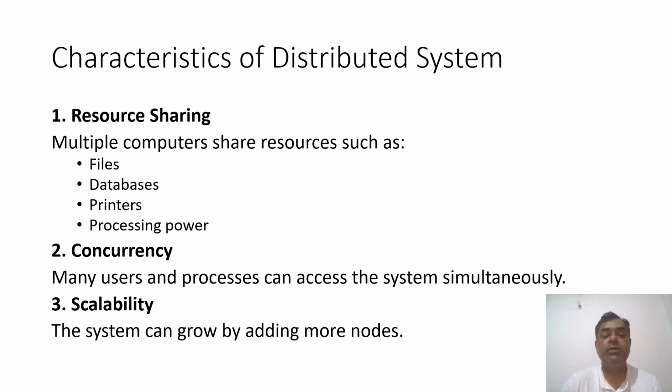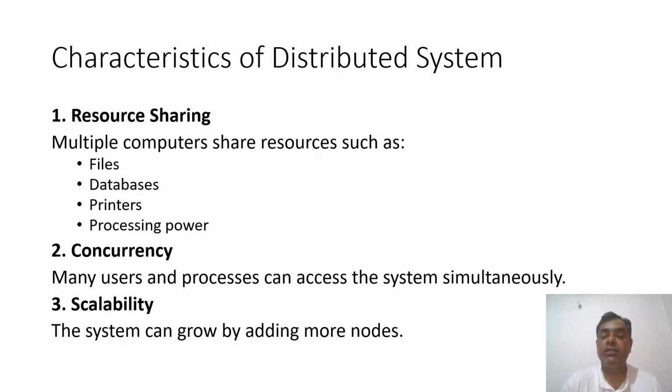Concurrency: many users and processes can access the system simultaneously. That means the distributed system can get requests from different clients at a time, and provide responses to those clients.